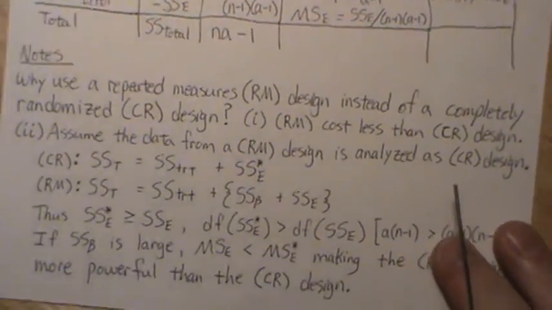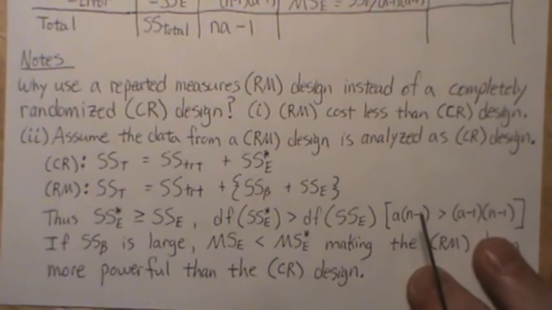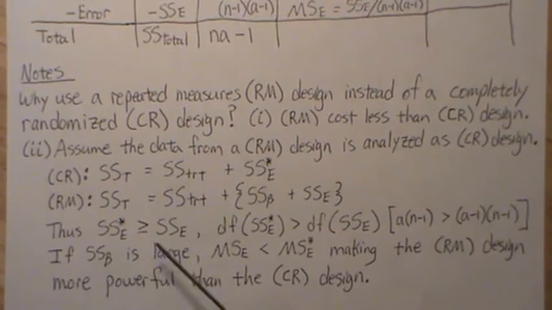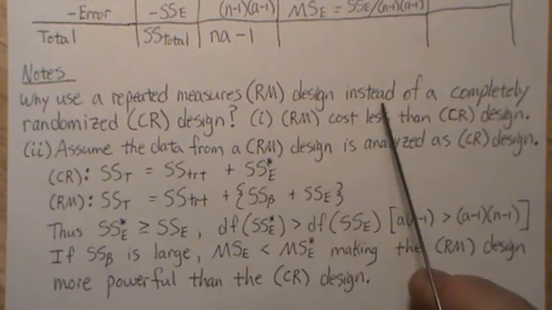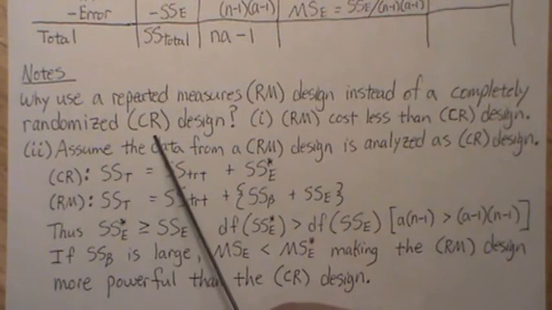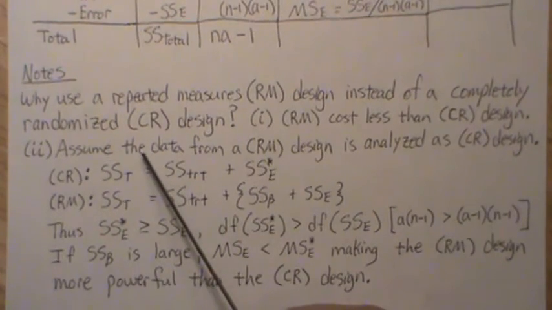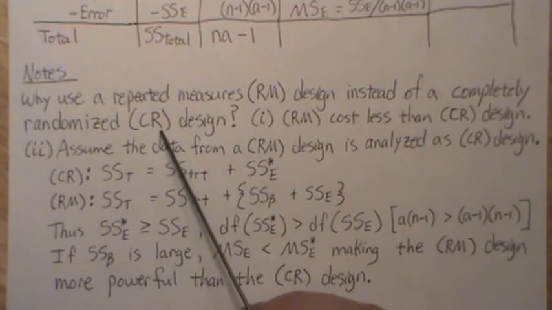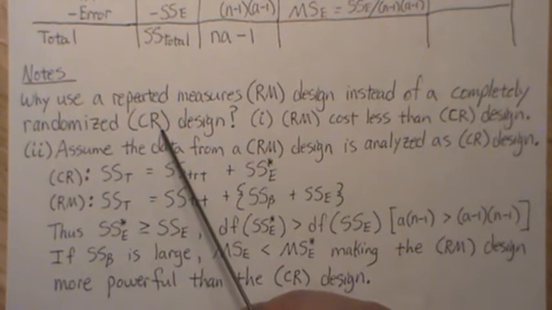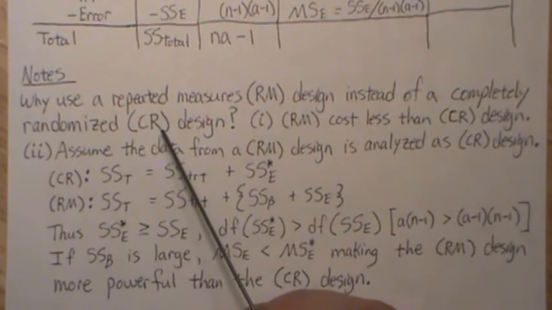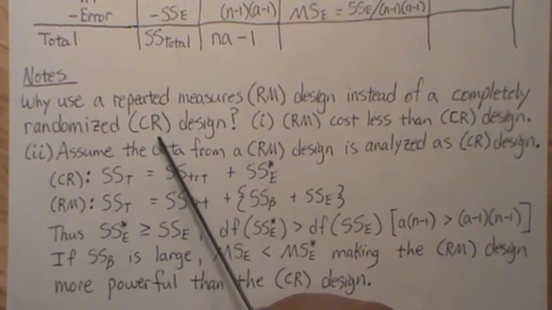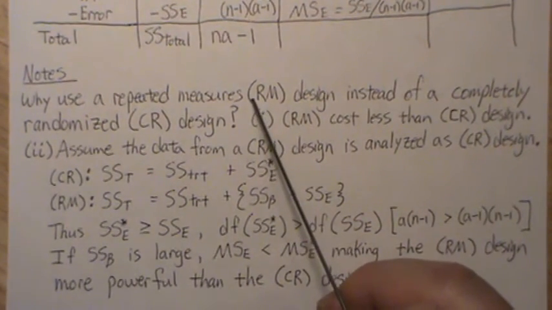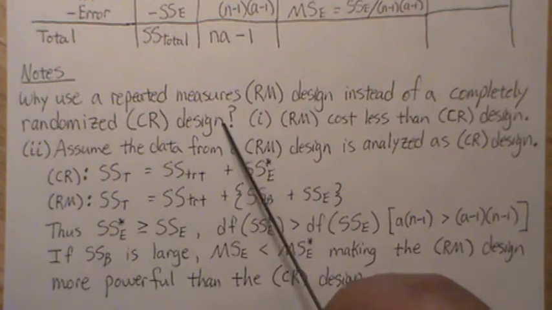Okay, so here's the final note, and we'll call it quits for today: why use a repeated measures design instead of a completely randomized design? So if we have a treatments, then completely randomized has different subjects in each treatment arm, whereas the repeated measures uses the same n subjects for each treatment.